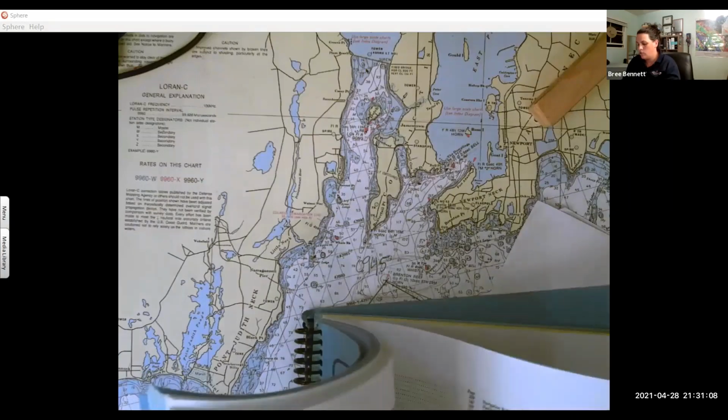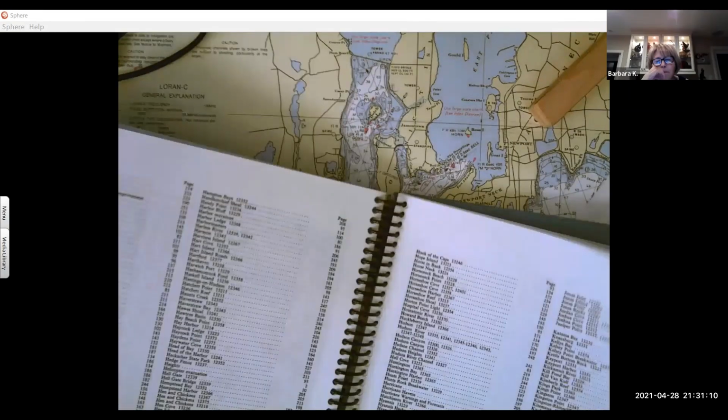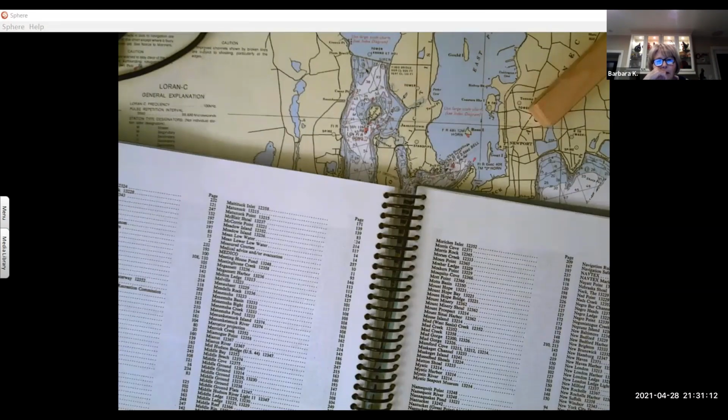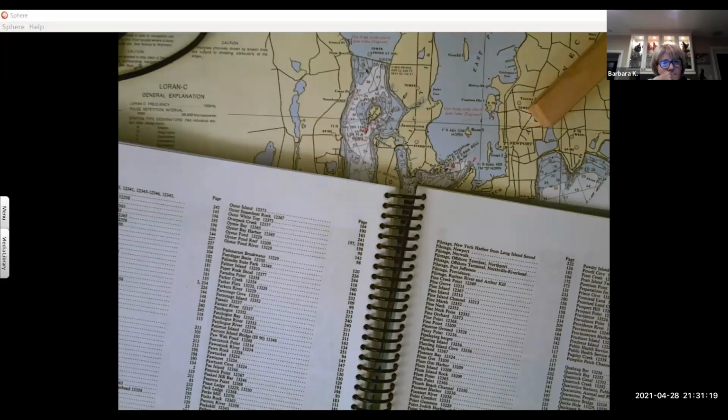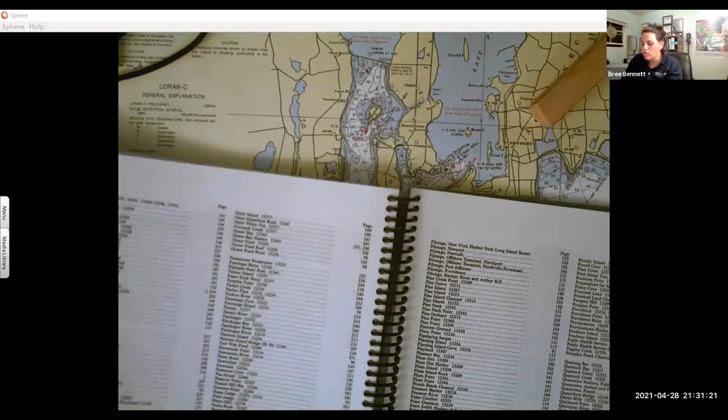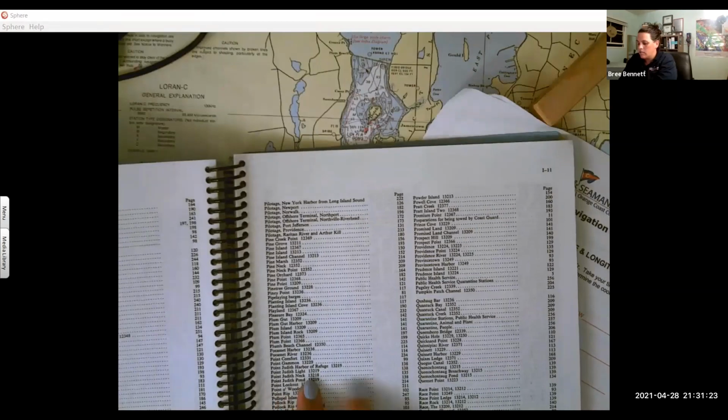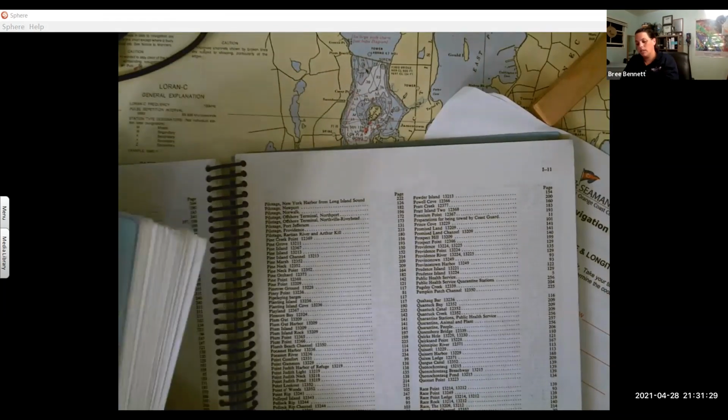Point Judith, right? P. Yeah, I'm just looking up in the index. Where is Point Judith light? It gives you on page, oh, I'm looking at the wrong thing. We should be looking in blue.